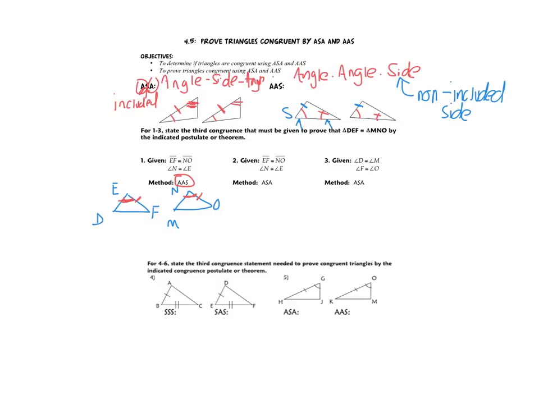With angle, angle, side, it's the non-included side. So because of that, I think to myself, if I was to mark this angle congruent to this angle, that side, notice, becomes the included side. It's between those two angles. So that's not the second angle that I need. And I know I need an angle because they gave me a side and an angle. That means I need to mark one more angle. It's got to be angle D congruent to angle M.